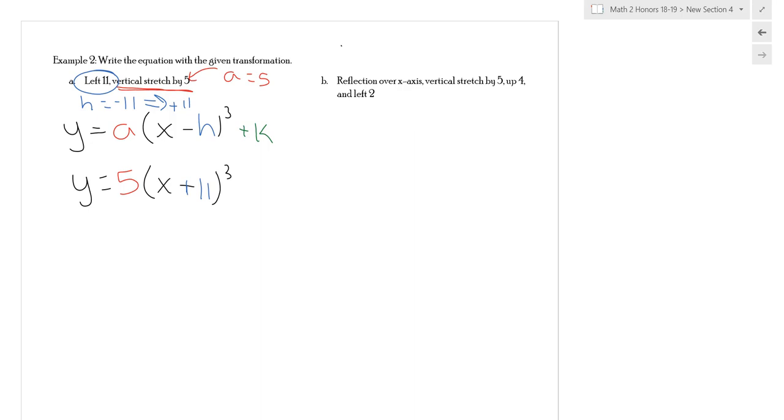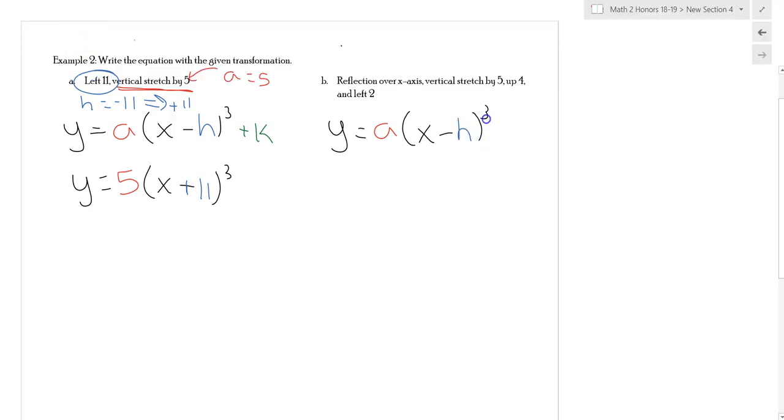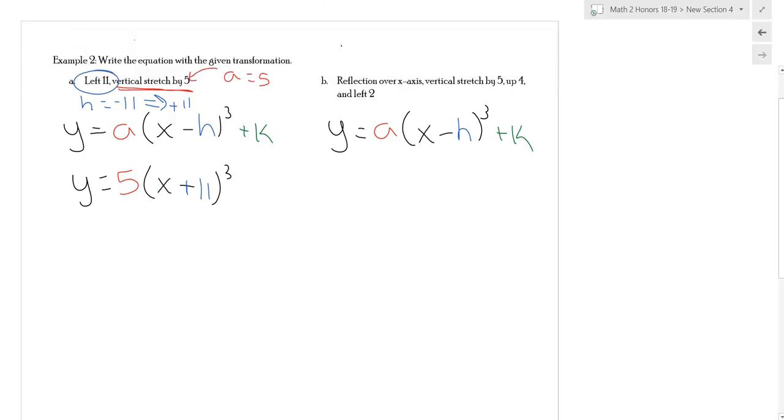B, reflection over x-axis, vertical stretch by 5, up 4, left 2. So this is lots of directions for us. So again, y equals a times x minus h, cubed, plus k. So what am I given?